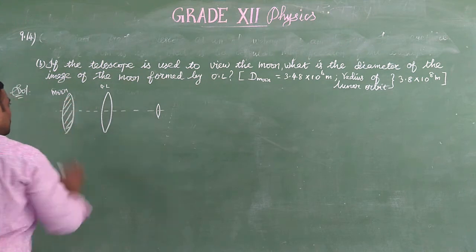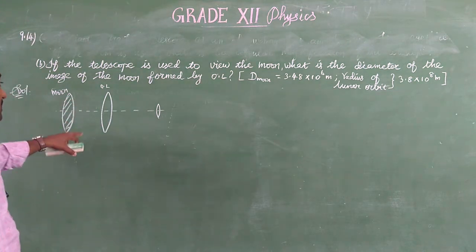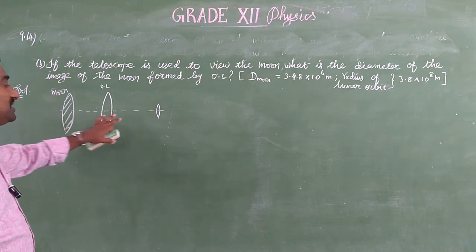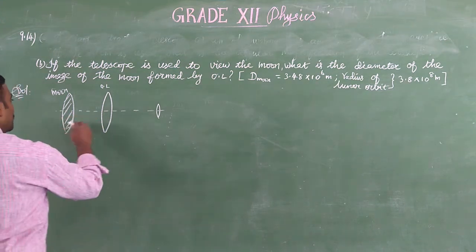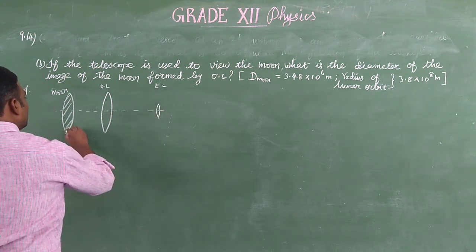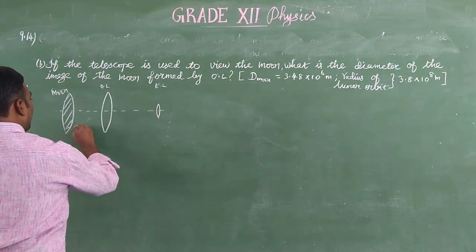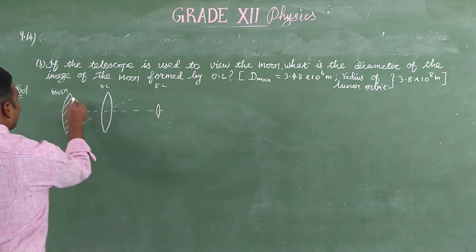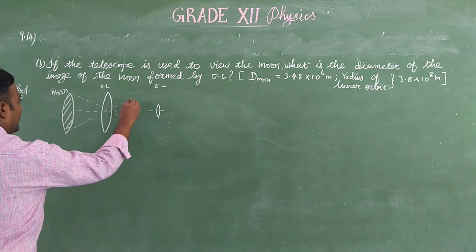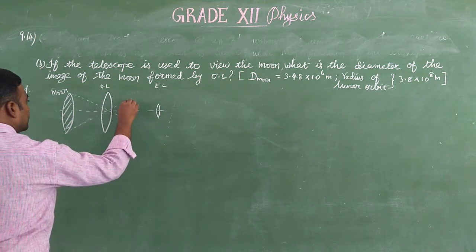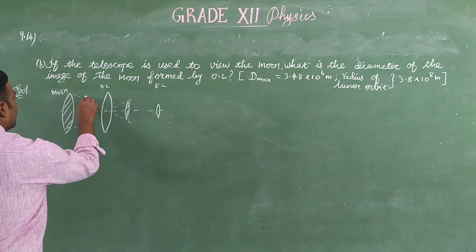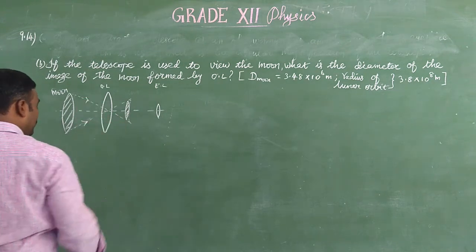Here we are going to consider the moon as an infinite object, so that the image is formed at F. This is the eye lens. The final image is obtained here. So this is the image formed of the moon at the focus.